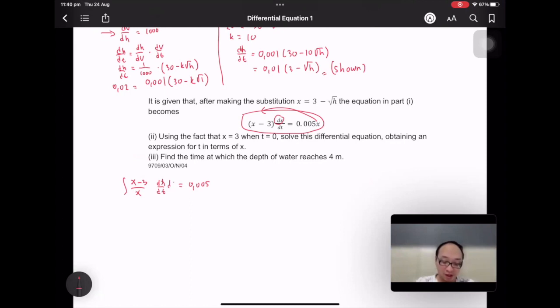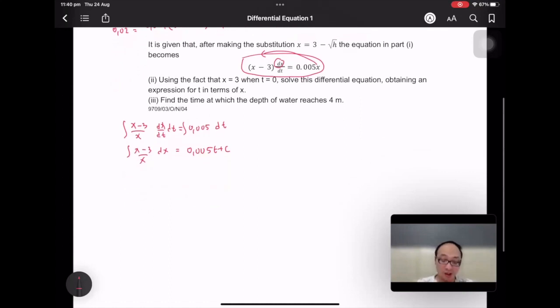I integrate dt, so I will have the integral of (x minus 3) over x dx equals 0.005t plus c. And then how do you integrate the left side?